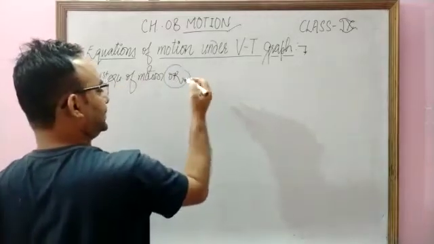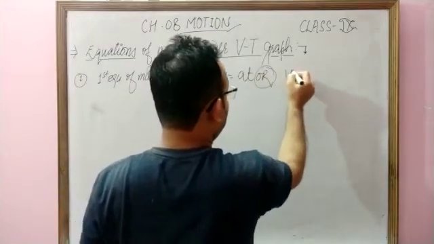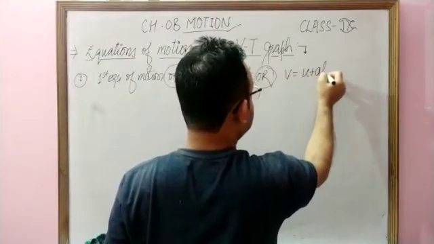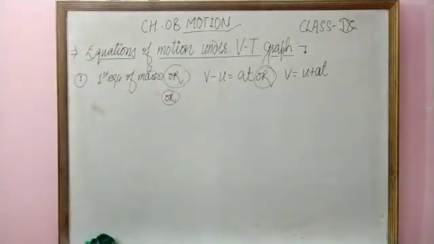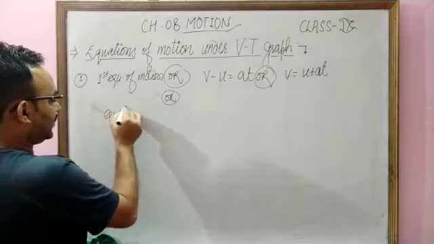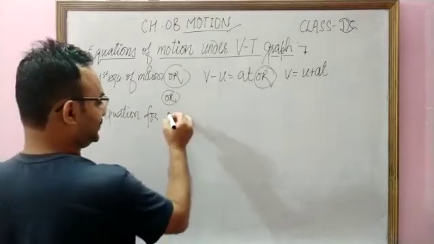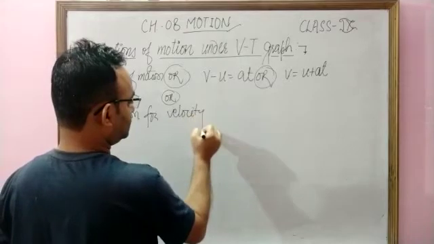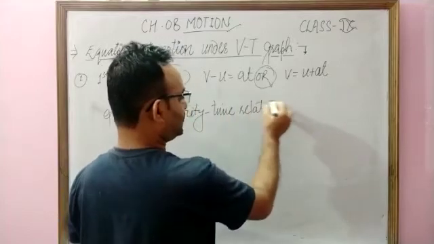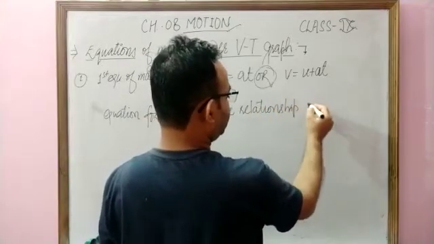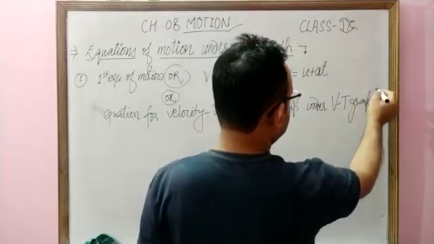It is also written as V minus U is equal to AT or V is equal to U plus AT. Sometimes used to write the equation for velocity time relationship under VT graph. Clear?